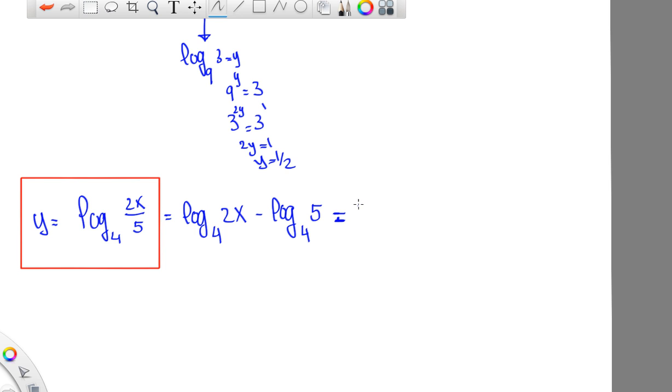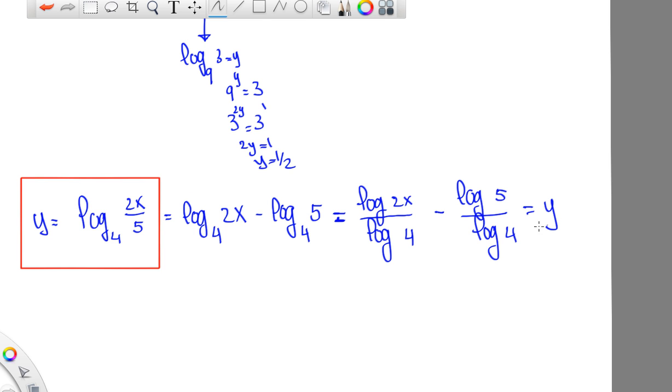So the log 4 of 2x is the same as the log of 2x divided by the log of 4, minus the log base 10 of 5 divided by the log of 4. Now that expression can go in the calculator.